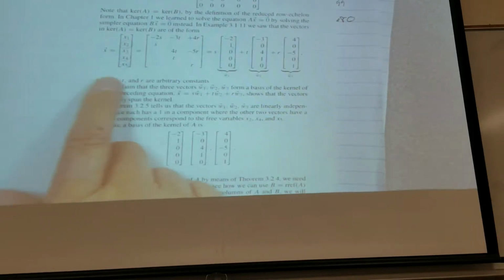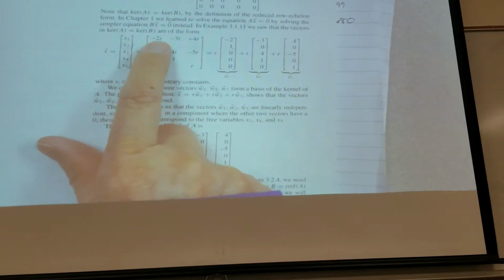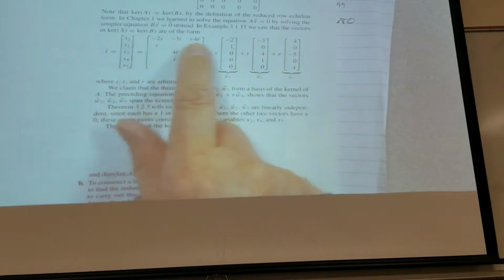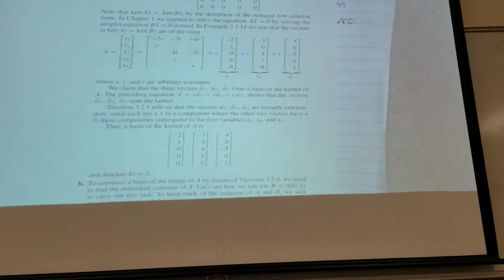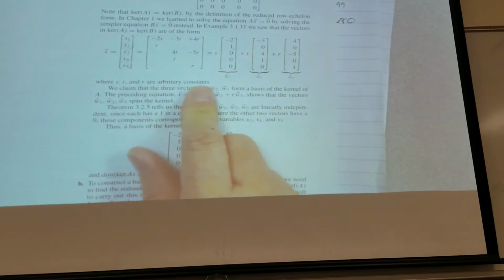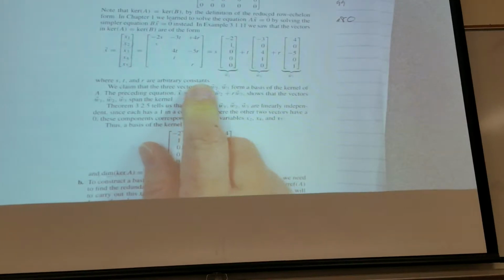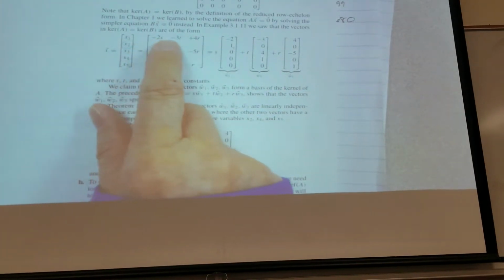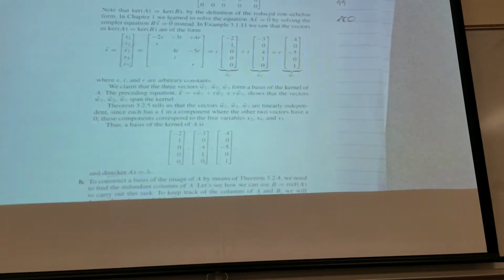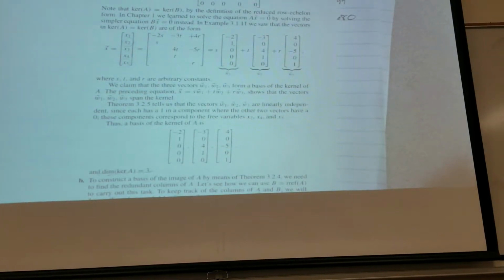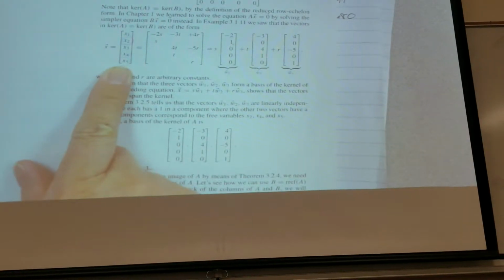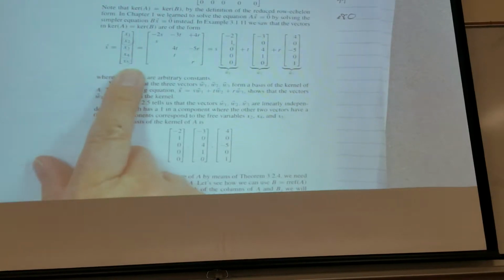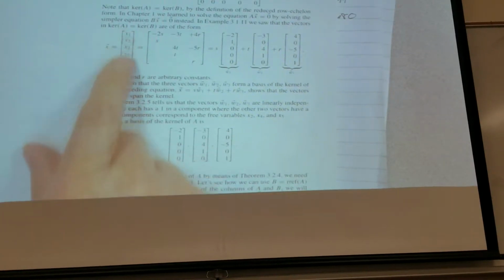So we find them. x1 is negative 2s minus 3t plus 4r. You see this is not a matrix, okay? We need to know that. It's one continuous formula: negative 2s minus 3t plus 4r. Is this a little bit confusing? No, it's good, because we can tell these are the components of this column vector.